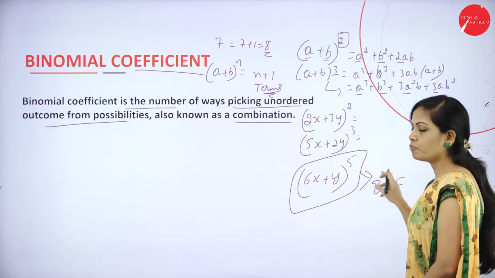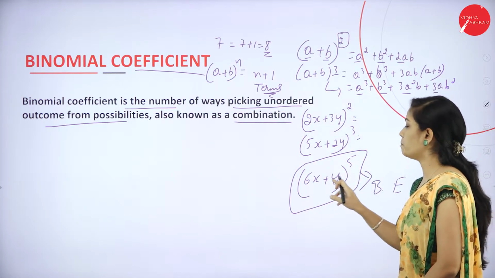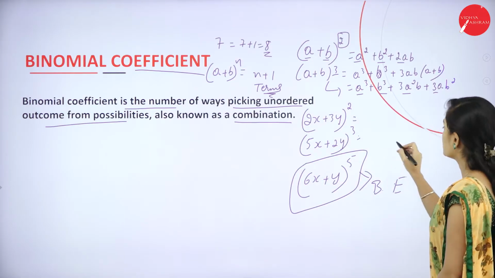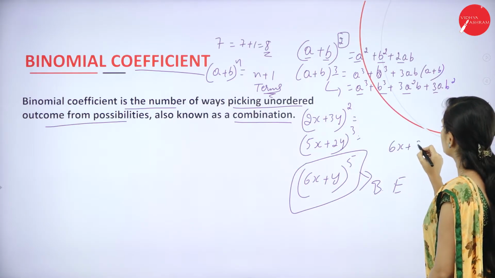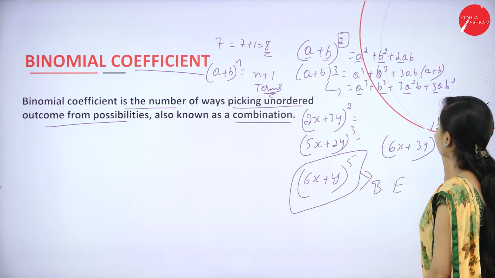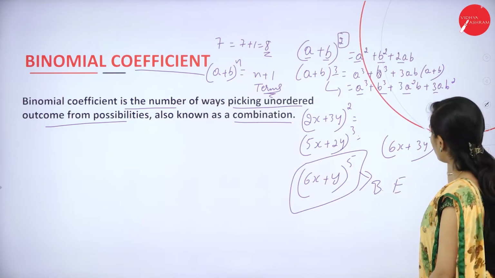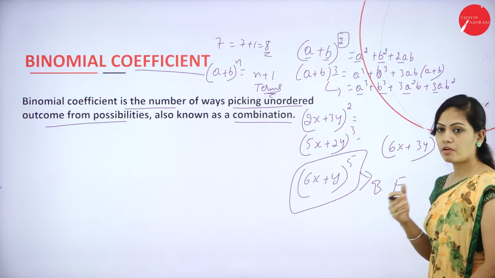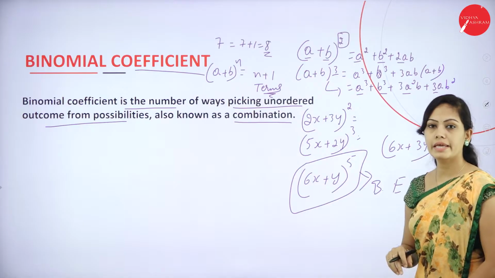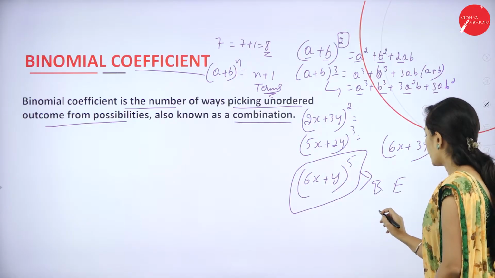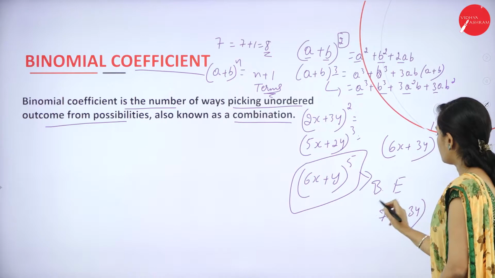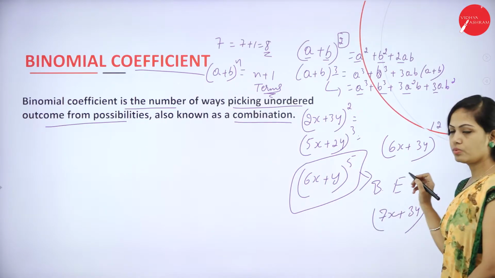With the help of binomial expansion, we can simplify 6x plus y power 5 or 6x plus 3y power 12. So easily you can simplify any power value using binomial expansion. And you can also simplify 7x plus 3y power 1 by 2. Clear?